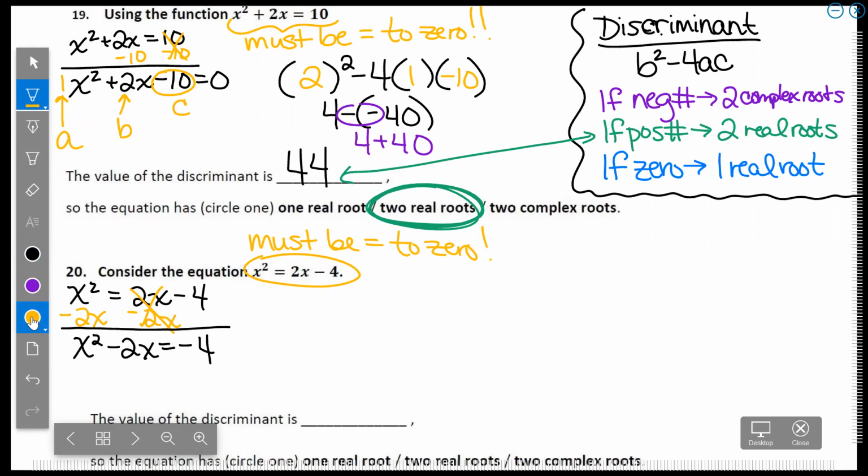Did I get it equal to 0 yet? No. What do I still need to do? I'm going to add 4 to both sides. Do you guys remember why I said I'm doing it this way instead of minusing x squared? I don't want to make the x squared a negative.